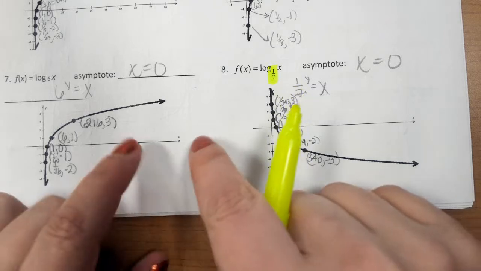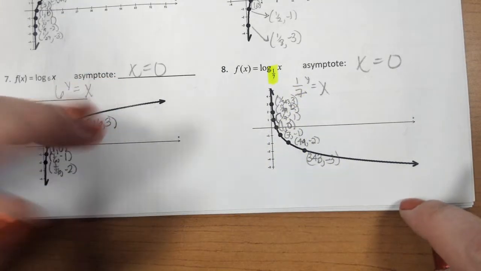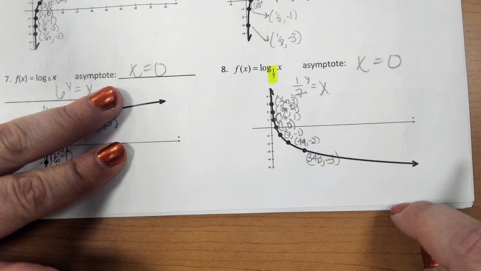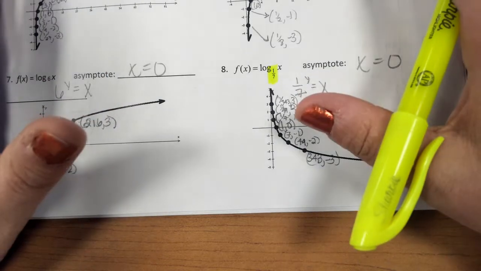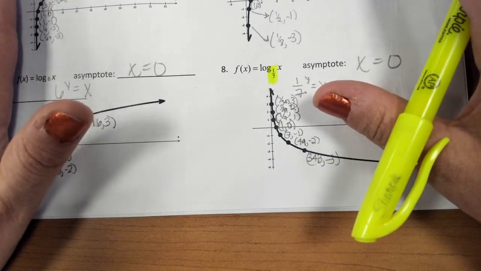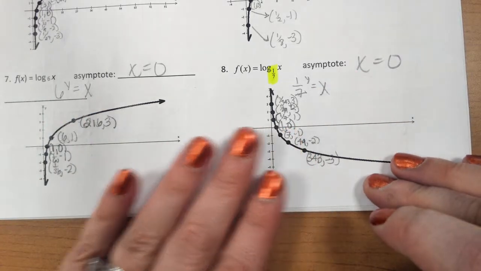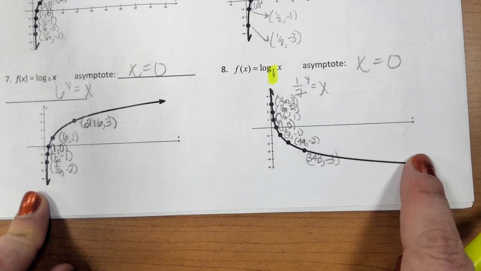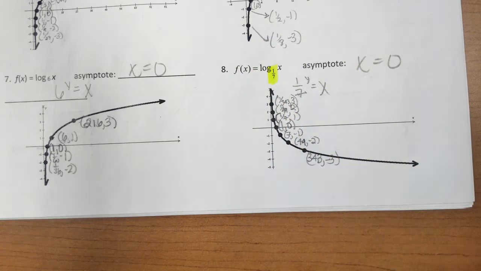It looks like this has been flipped over the x-axis, whereas with the exponential one, it looked like it had been flipped over the y-axis. So instead of growth here, we actually have a decrease.